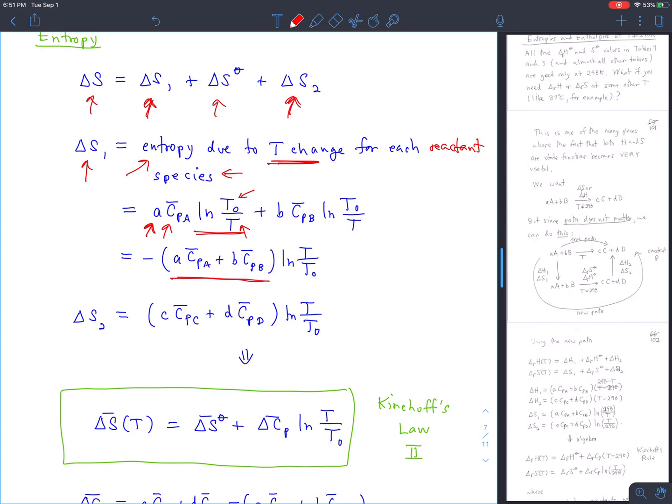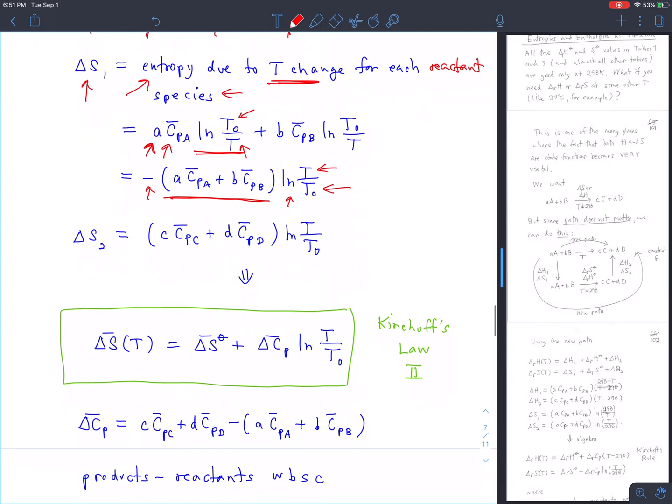And that's the total heat capacity for the whole set of all reactants, with a minus sign because I've changed this logarithm to T over T0 now, rather than T0 over T. And delta S2 is the same thing except for the products, and then logarithm of T over T0 for the product step. For the third step, T is the final temperature and T0 is the initial temperature, right?